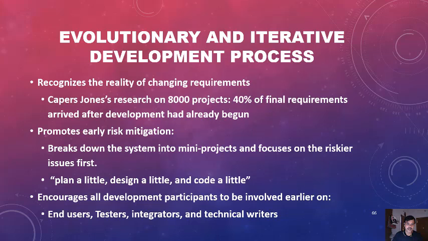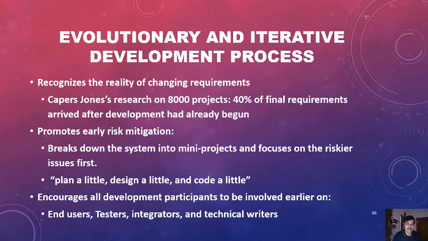So these 40% of final requirements have to be incorporated in your project, and if they come after completing the whole project, accommodating them is very tough work. So you take an iterative process, and after each and every iteration, if a new requirement comes up, you can easily accommodate it into your software.